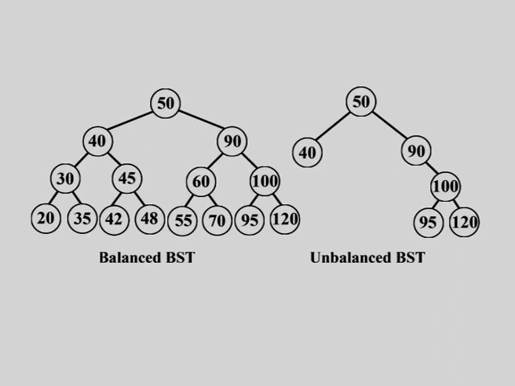The binary search tree shown in the right side is not balanced because the left subtree of root has height 0, whereas right subtree of root has height 2. As the height of left and right subtree of root are not equal, therefore, this tree is not balanced.